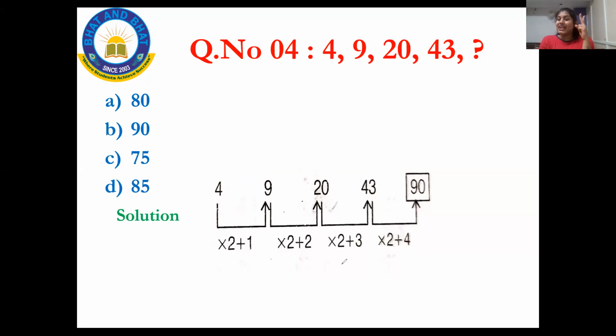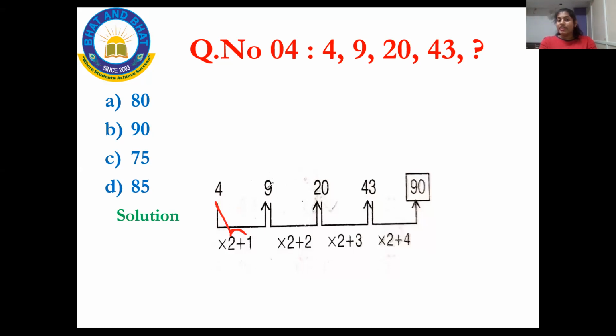So students, we will start with 2. So 2 2s are 4. Listen here. 2 2s are 4. 4 plus 1 will be 9. 2 4s are 8. Okay.